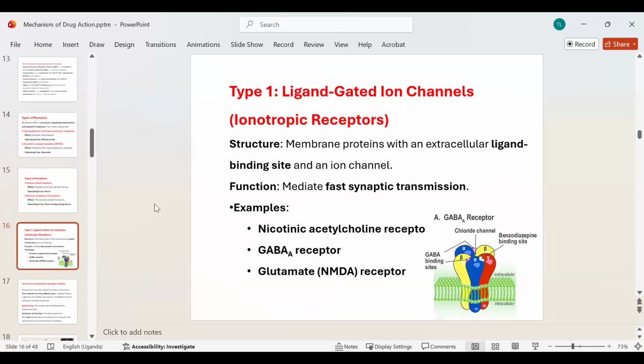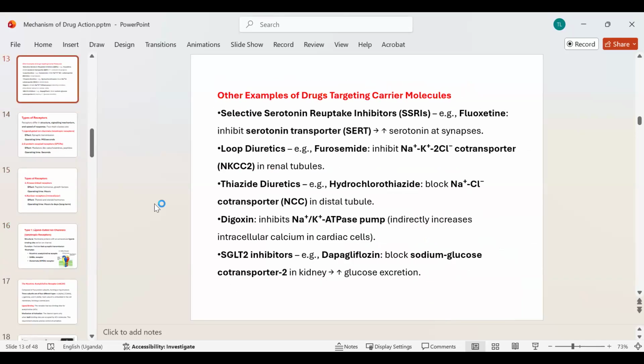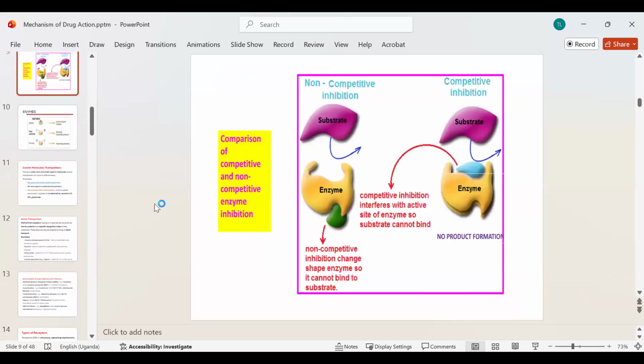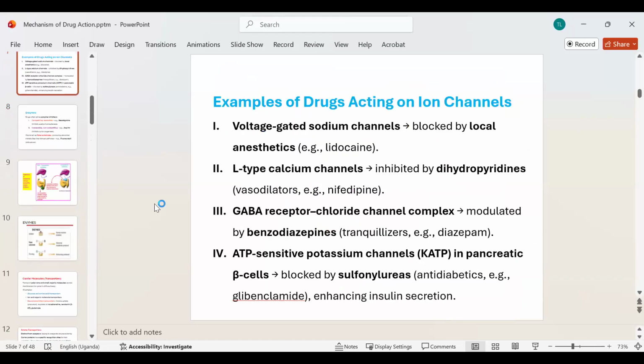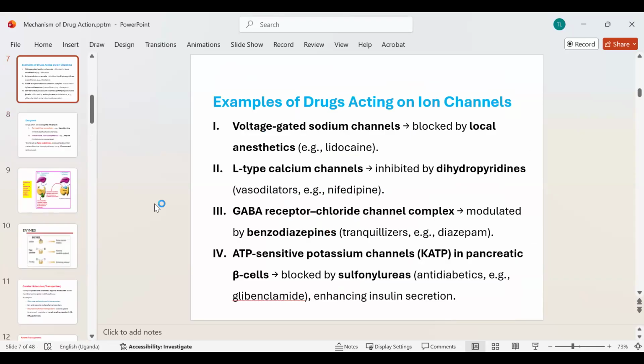So that's why we say it has 5 subunits. But in the middle of it, when it opens up a channel, chloride passes through and enters. So that is what the structure of a GABA receptor looks like.